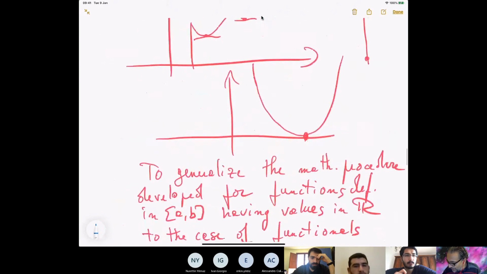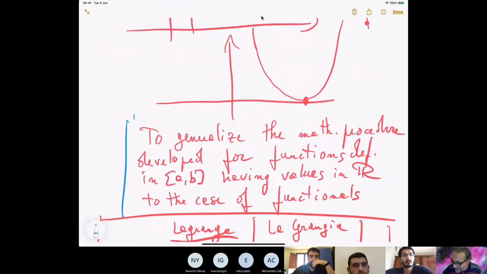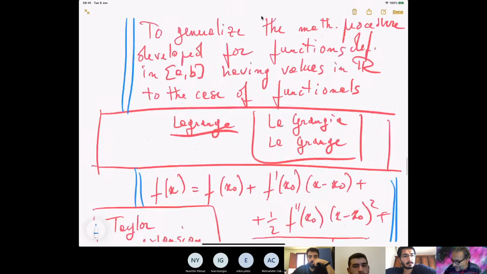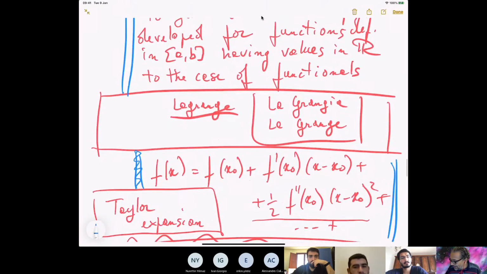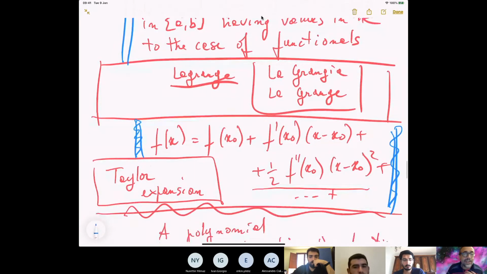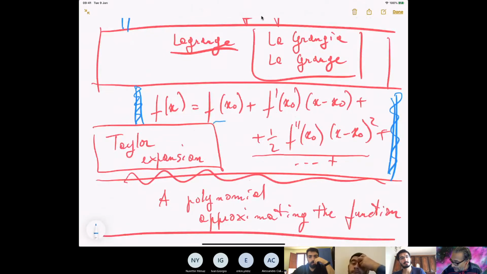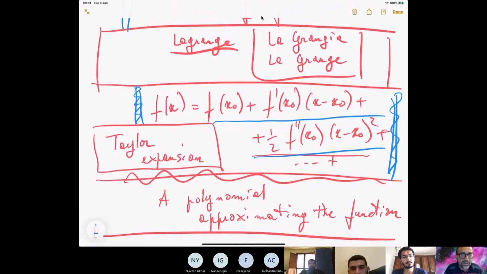Okay, so I repeat for you, we want to generalize the criterion of first derivative equal to 0 for functionals. And now I am reconstructing the argument which we have already studied in mathematical analysis. I am reminding you that the Taylor expansion is the crucial tool for discovering that in a minimum, the first derivative of a function is equal to 0.